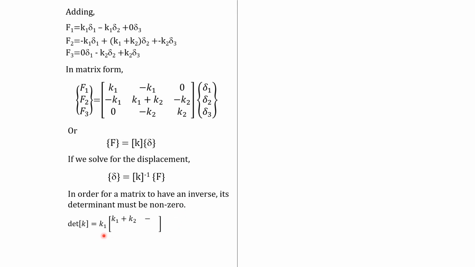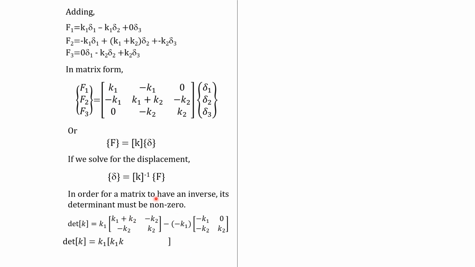Determinant of K is equal to, by expansion of minors, K1 times the minor of K1, which is this 2 by 2 matrix here, then minus negative K1 times the minor of negative K1, which would be negative K1, 0, negative K2, K2 here, then plus 0 because this is 0.